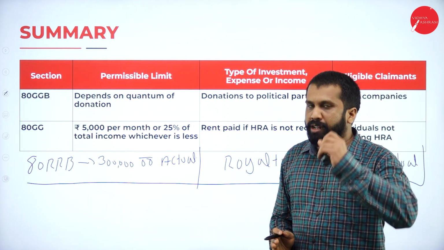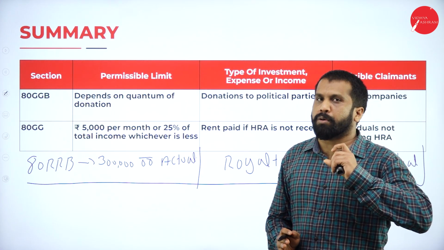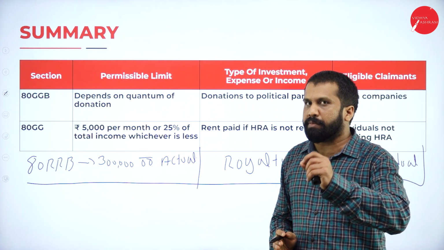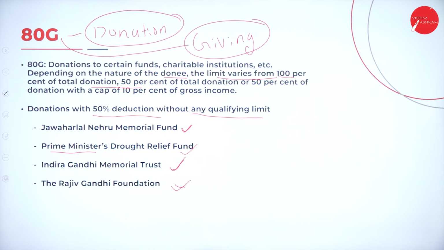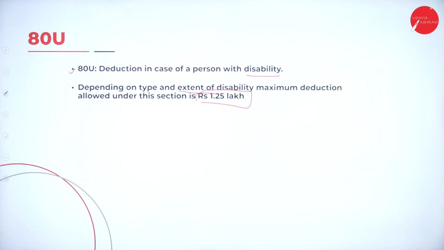Now, I'll go back to all these slides. Please take screenshots. At the end, I'll give you a beautiful homework. It will take just 2 to 3 minutes to finish. So, 80E is all about education and your housing loan. 80G is nothing but giving or donation. 80U is for persons with disability.